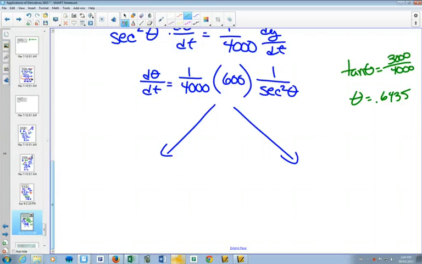And then, so I'm doing this way first, d theta dt would equal 600 over 4,000 times, now 1 over secant squared is the same thing as cos squared of 0.6435. And I just type that all into my calculator at once.